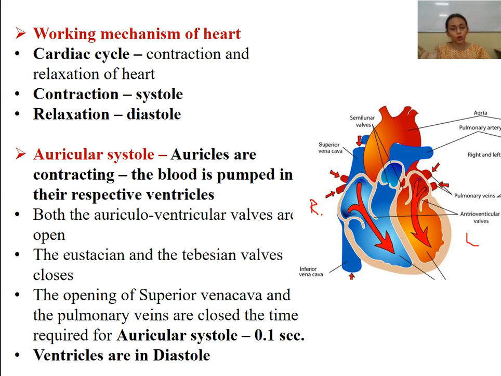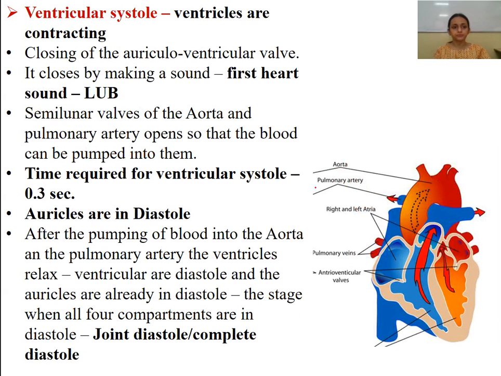And when those close, there is no risk of the backflow of the blood. So the blood is poured into the respective ventricles. At this time, when the auricles are in the systolic condition, the ventricles are in diastole. Now let us see what happens further.